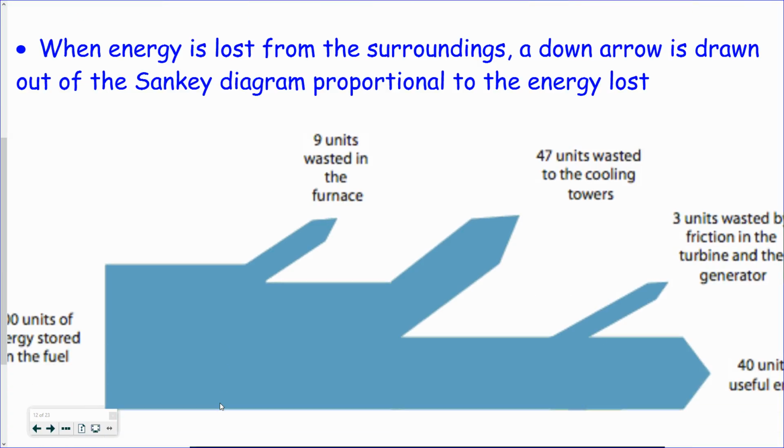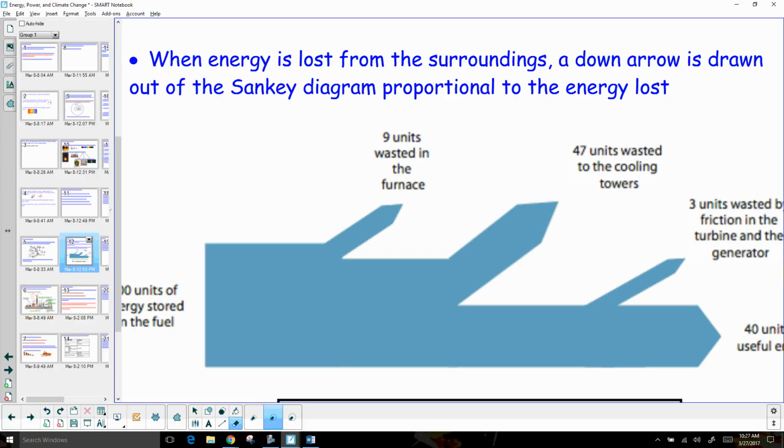a Sankey diagram is basically one big arrow that gets smaller and smaller as you move through the energy transfer. So at the end of the arrow, you have 100% of all the energy. So back here, we'll call this 100% of all the energy that began in the system.